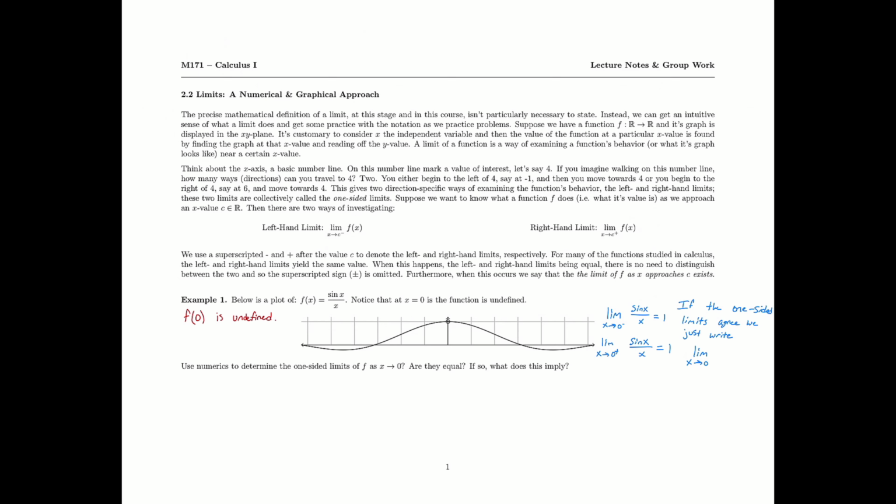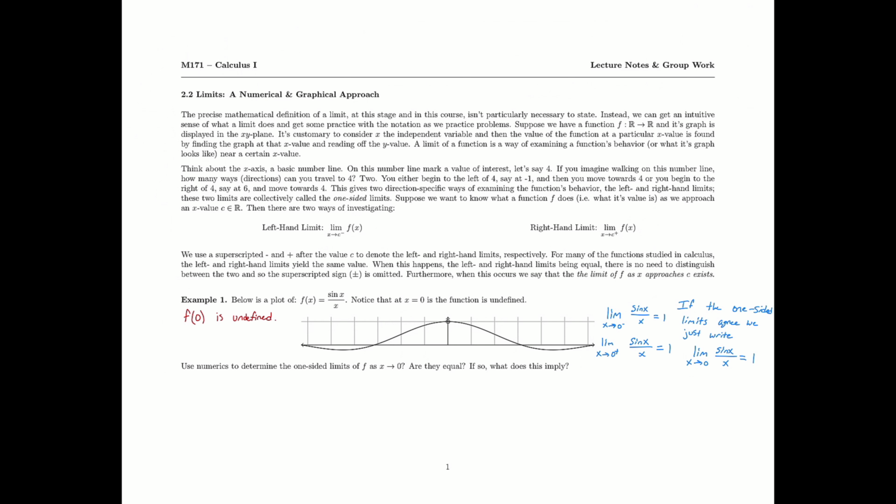We just say as x goes to 0. There's no need to specify. So we just write the limit as x goes to 0 of sine of x over x equals 1. So this actually means that the limit exists.